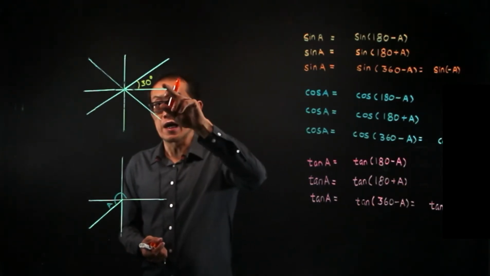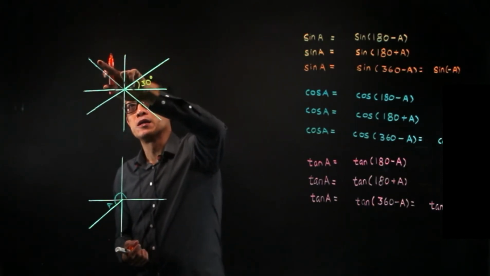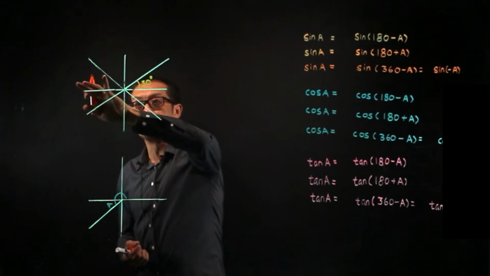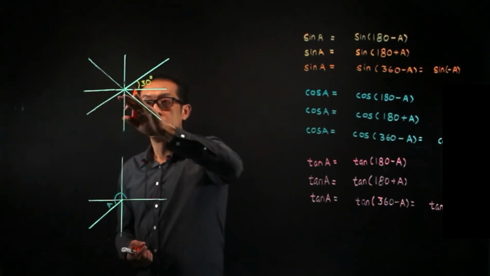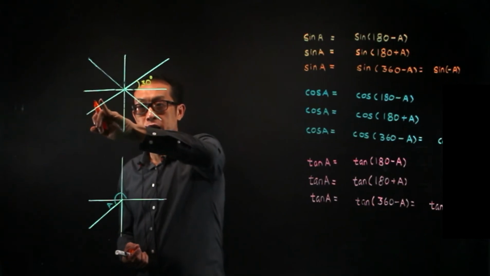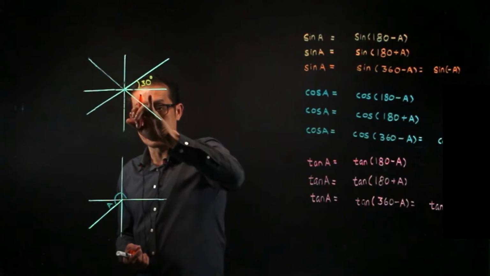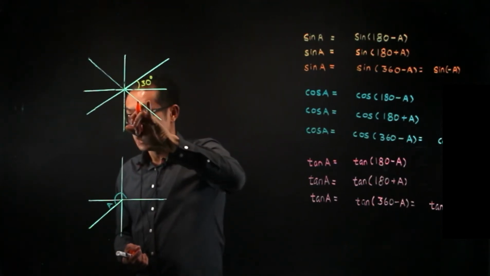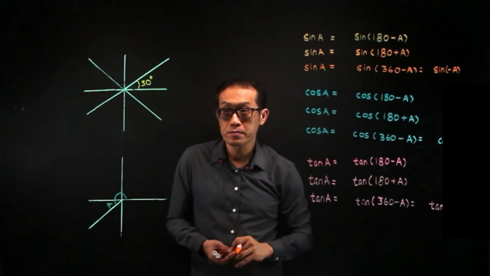Let's say this is the actual angle. From here to here is the actual angle. Then here will be the basic angle made with the x-axis. So this is another 30. This angle here is another basic angle. It's an acute angle that makes with the x-axis, and this is another basic angle, or sometimes you call it reference angle.